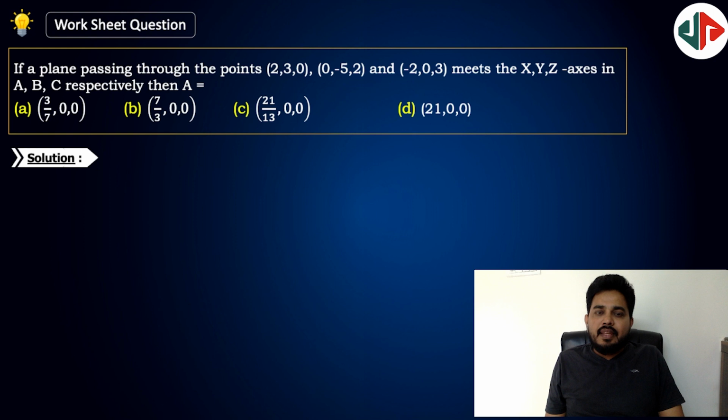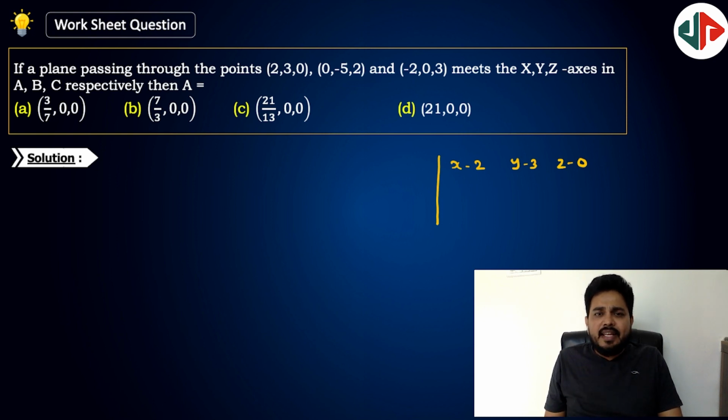Any plane passing through 3 points will be the determinant of x minus 2, y minus 3, z minus 0, meaning x minus x1, y minus y1, z minus z1.